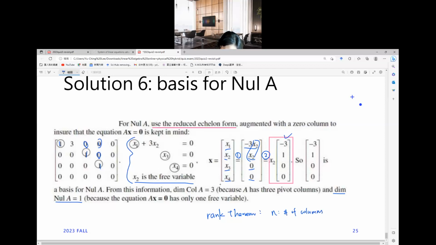The rank theorem says that the rank of A plus the dimension of the null space of A should be equal to the number of columns. So what is the rank of A? It's equal to the number of pivots, so that's 3, plus the dimension of the null space of A, which we found equals 1. So 3 plus 1 equals 4. So that's the number of columns for this matrix.